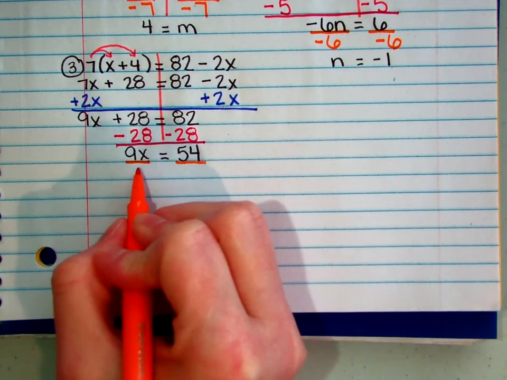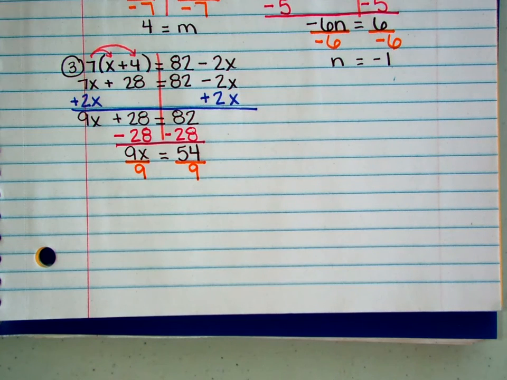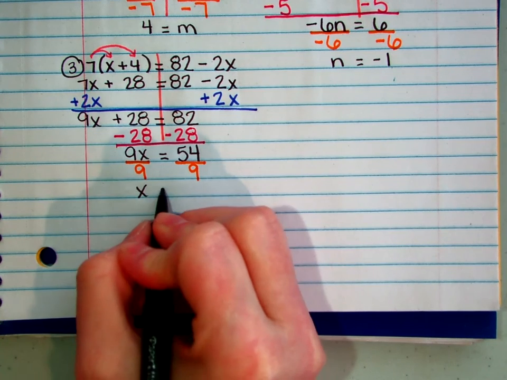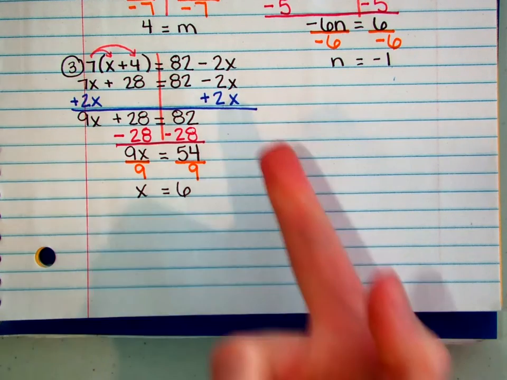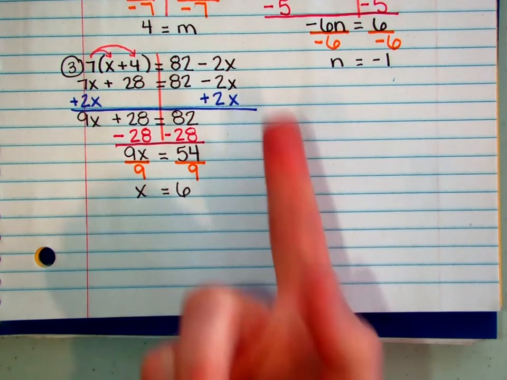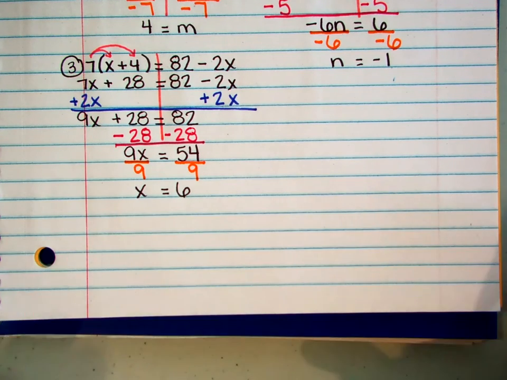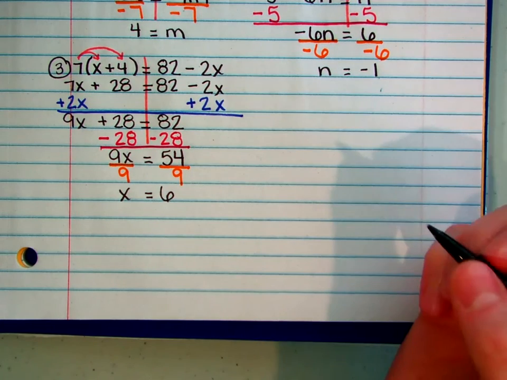So let's divide both sides by 9, and you should know what the quotient of 54 and 9 is in your head. It is 6. So x equals 6. Look how much longer this problem was compared to the first two. So they're getting longer. So they're going to continue to get longer as we keep working.